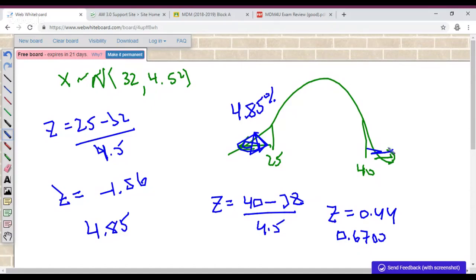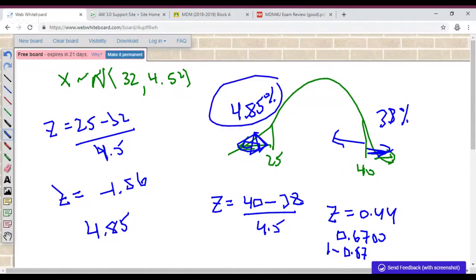But that 67% is below, so I need to turn that around. So that would be 1 minus that, which would be 33% above. Z-score 0.44, yeah, that makes sense. So you would add these two numbers together to get below 25 or above 40.